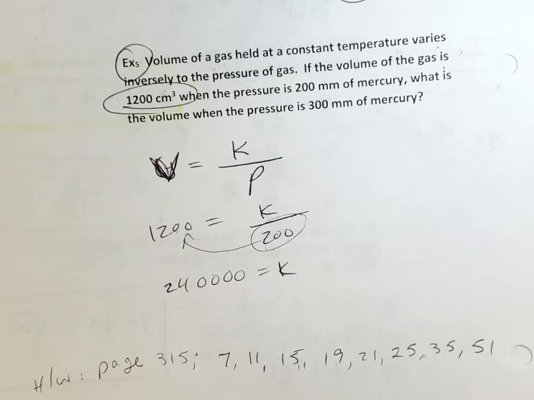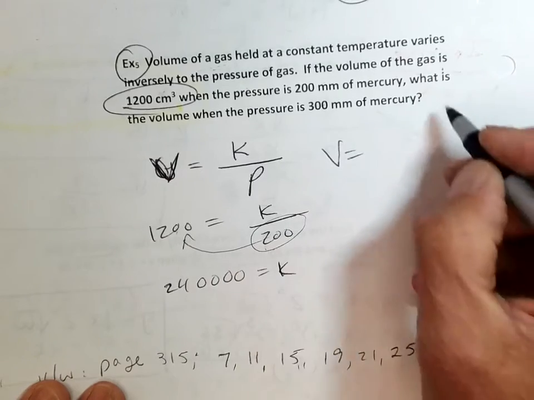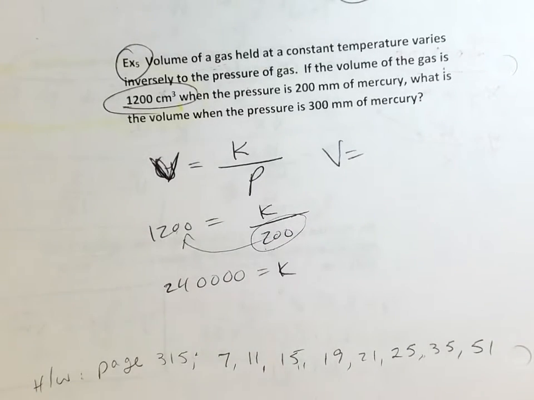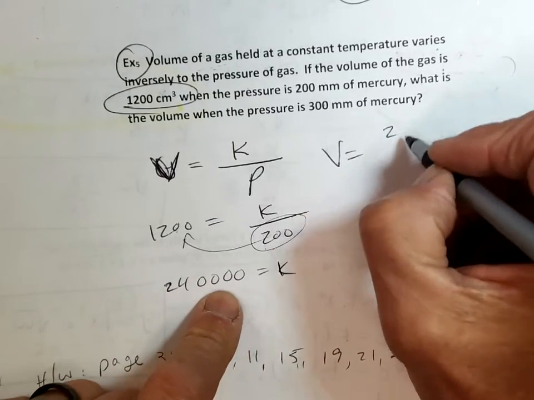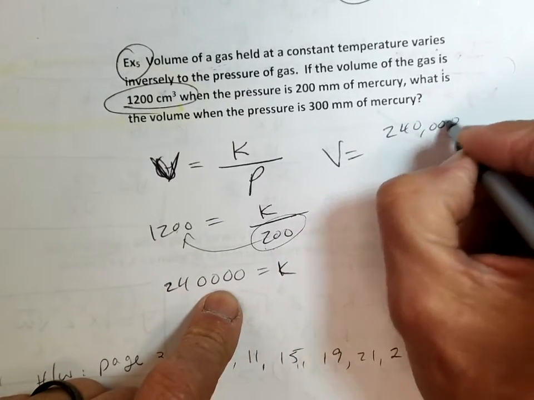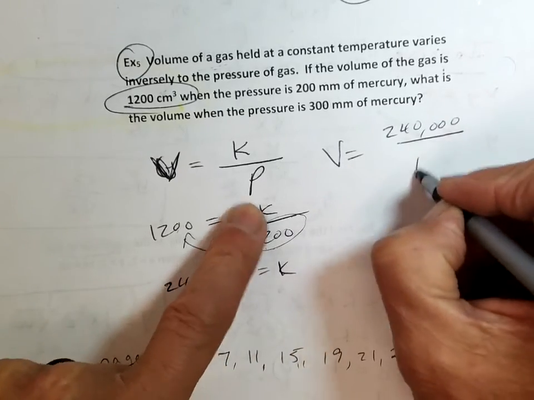Okay, that's k. So here's my formula: V is equal, for this container. That's why this is important, because every container is different. That's why these formulas exist. Big containers, small containers, right? So I'm going to have V equals 240,000 over P as my equation.